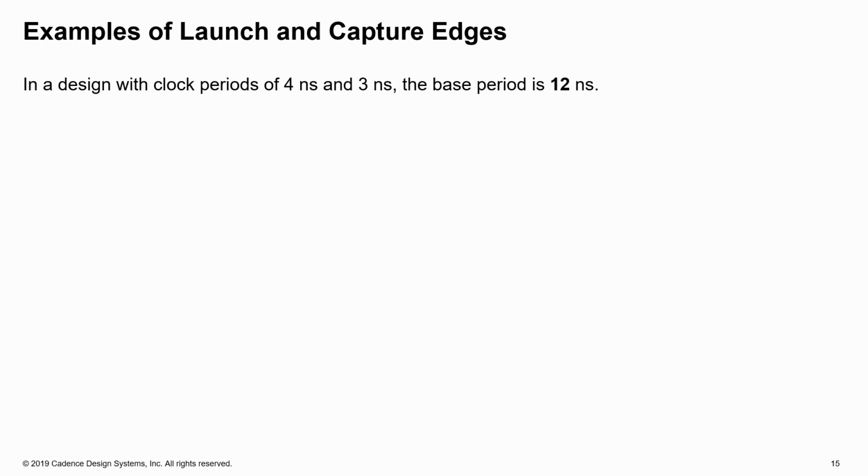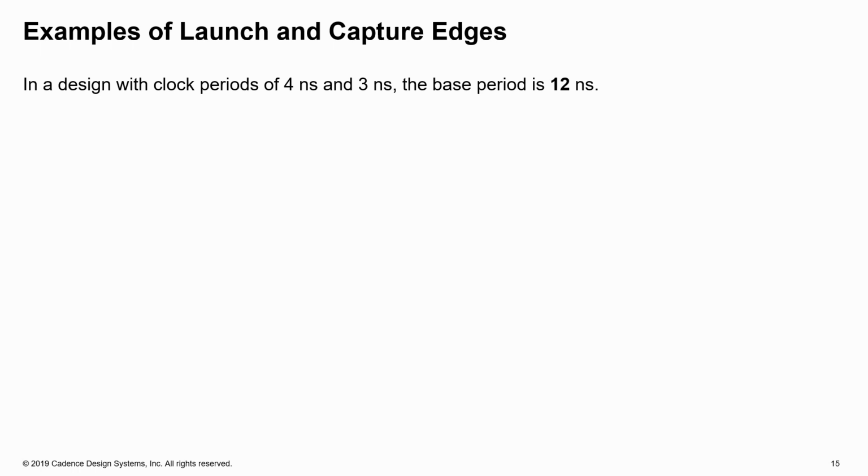We try different edges and try to capture the worst case scenario. In this case, the worst case scenario is the launch edge at 2 and the capture edge at 3. But there could be other ones, so you keep looking to see the worst case edge. Because we are looking for a falling to rising, that particular example is one example.